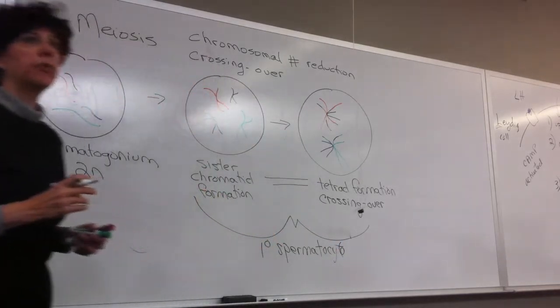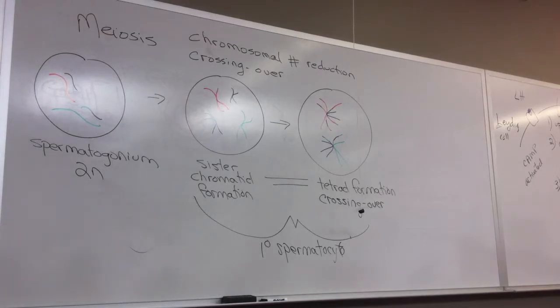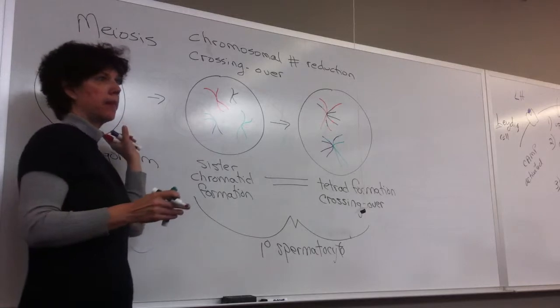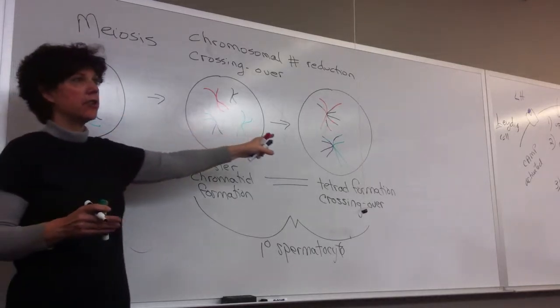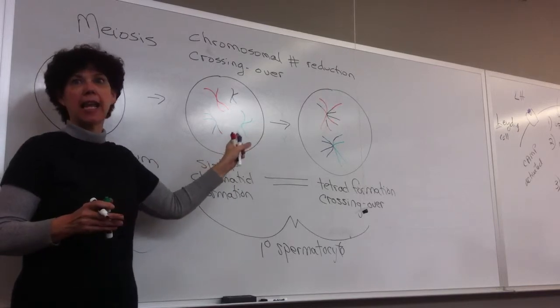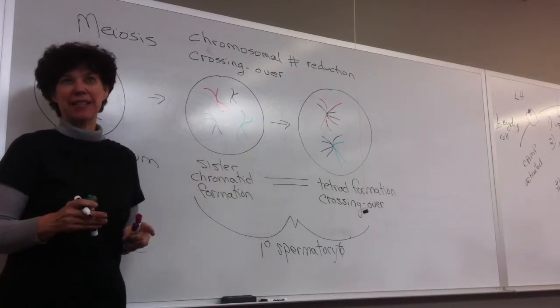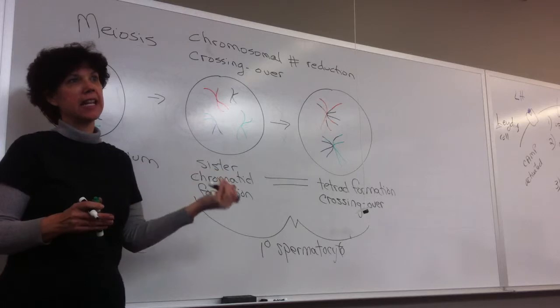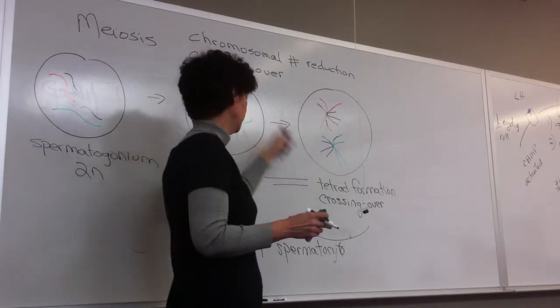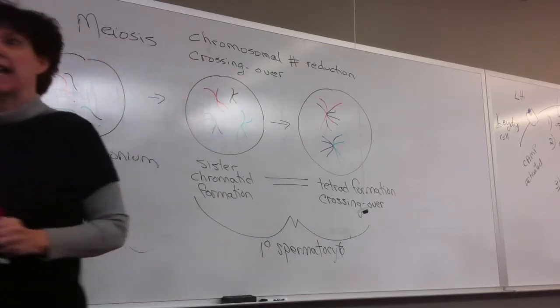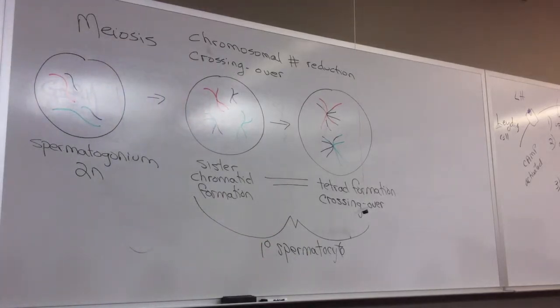This cell is the primary spermatocyte. So when the spermatogonium starts to undergo these changes, it is now called a primary spermatocyte. So the first DNA replication, tetrad formation, and crossing over is what we identify as a primary spermatocyte.